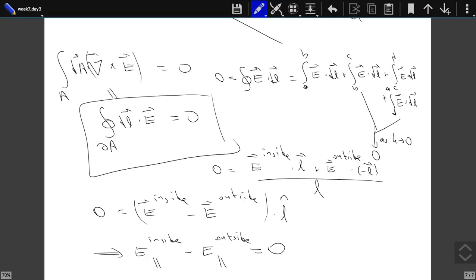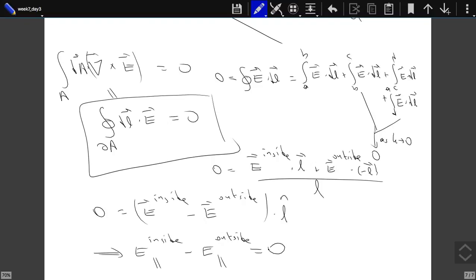So for the electric field, whether we have a material or not, if we have a surface, it can be an actual surface or an imaginary surface. It doesn't matter. If you imagine any kind of surface, the component of the electric field parallel to that surface should be continuous. Its value on one side of the surface should be equal to its value on the other side of the surface.